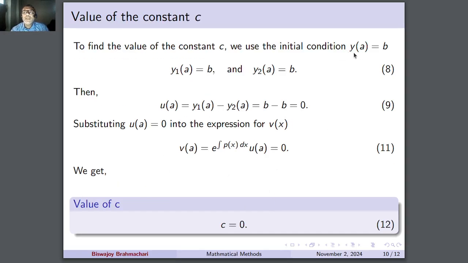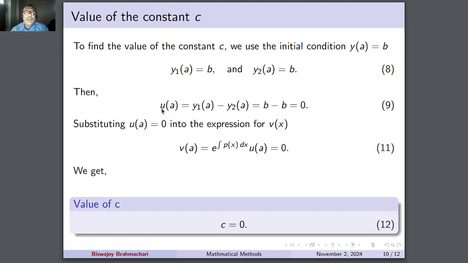For that, let us put in the initial conditions. Suppose the initial condition is y of a equal to b. Then both of them are solutions, that is y1 of a equals b and y2 of a is also equal to b. That means u at the point a is y1 at the point a minus y2 at the point a, which is b minus b, that is 0.